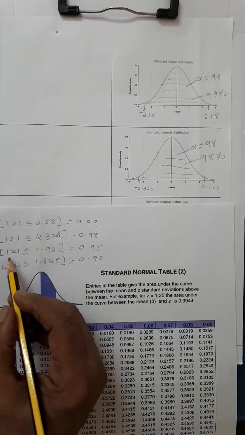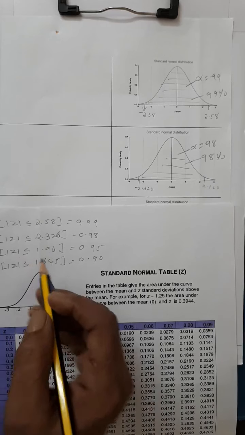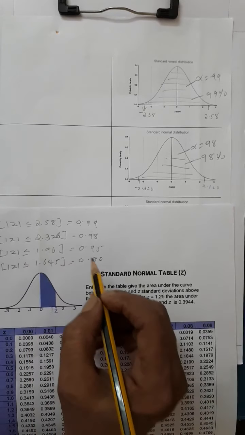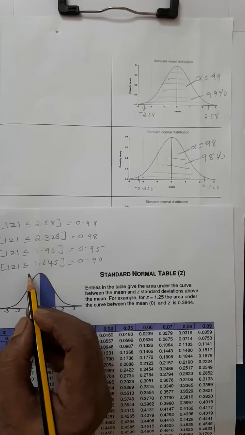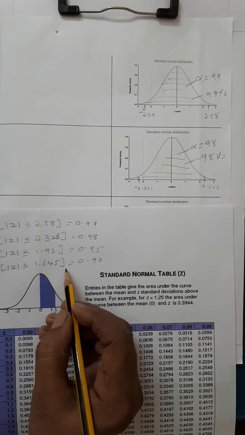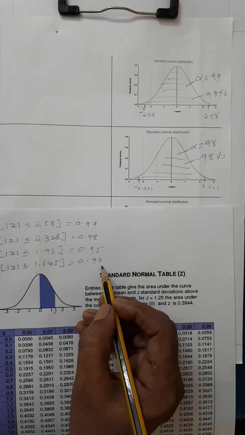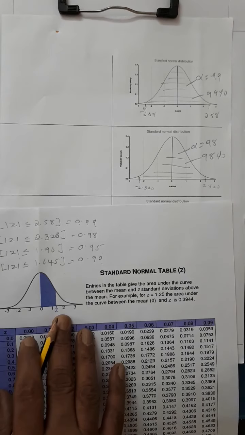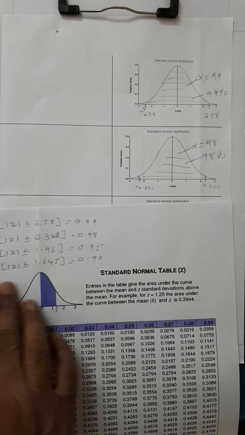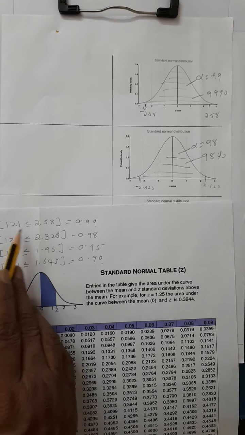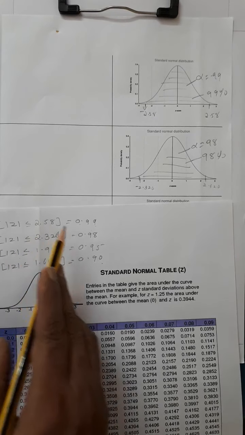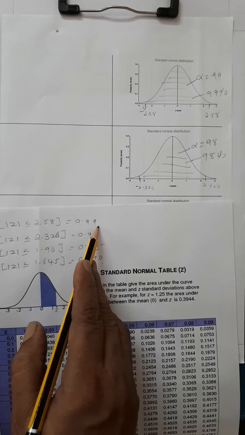Similarly, we can say P of mod Z less than or equal to 1.96 is equal to 0.95, and P of mod Z less than or equal to 1.645 is equal to 0.90. For convenience, let us memorize these four results. P of mod Z less than or equal to 2.58 is 0.99.